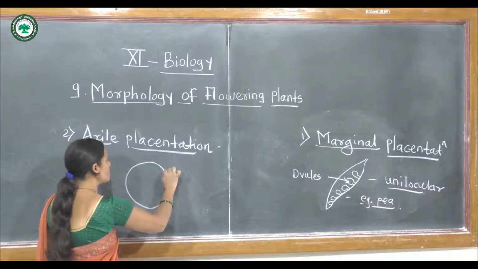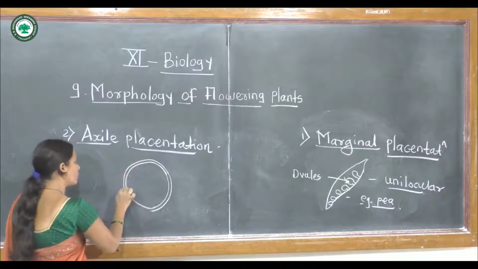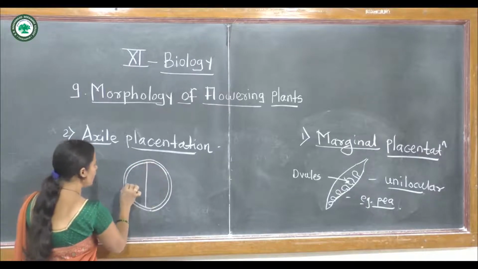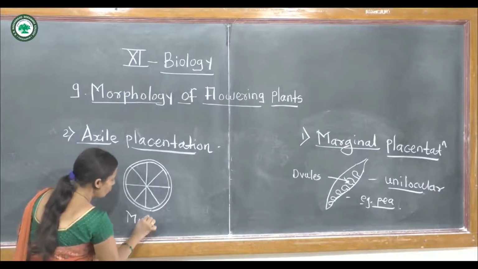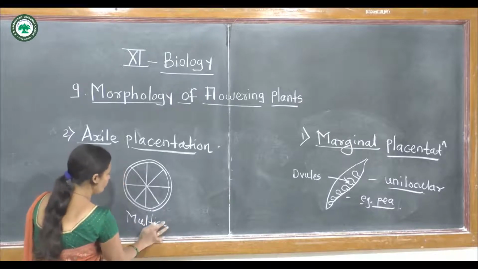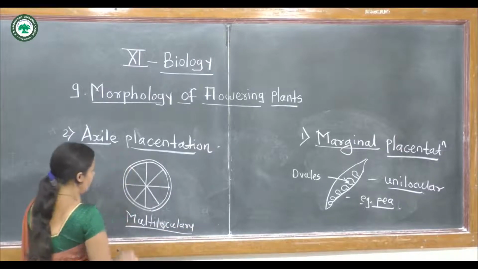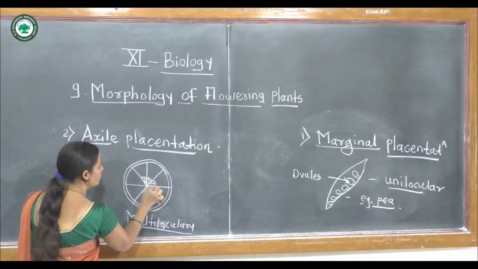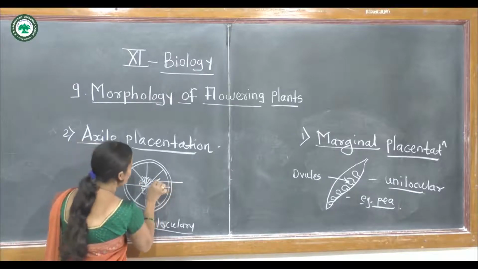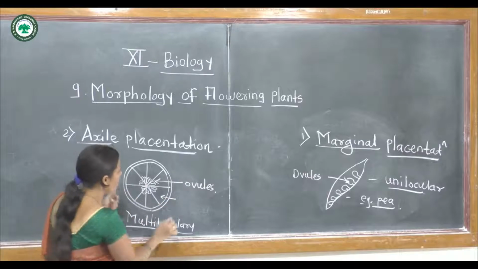Here the ovules are arranged at the central axis, and the ovary is multilocular, with many locules or chambers.